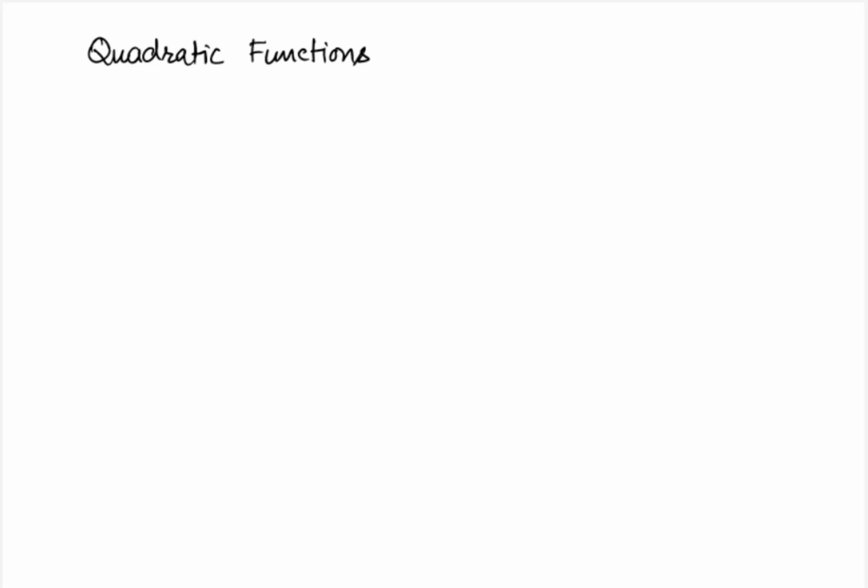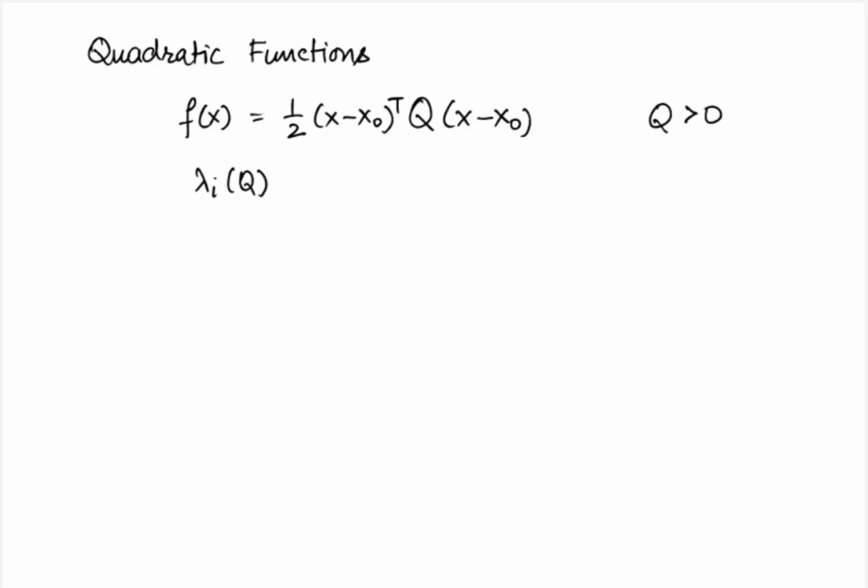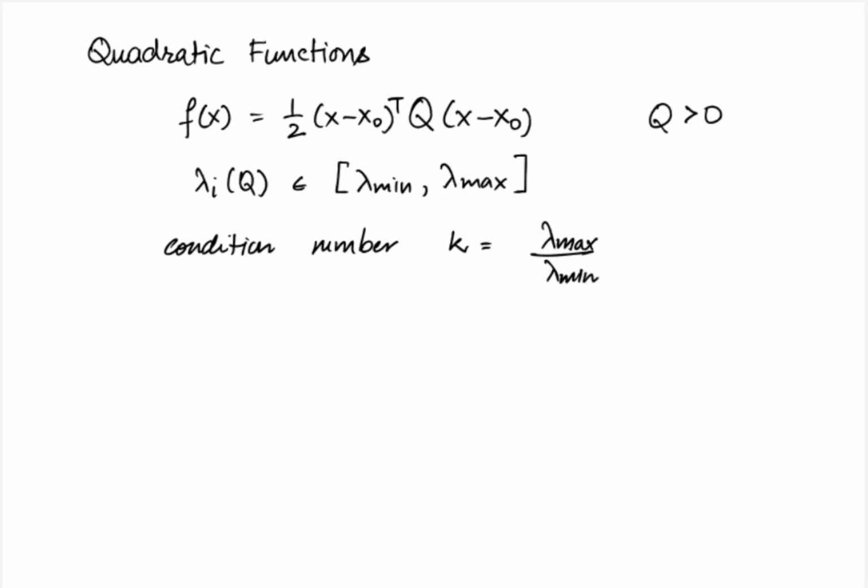Let us consider the general quadratic form given by half of (x minus x naught) transpose Q times (x minus x naught), where Q is a positive definite matrix and the eigenvalues of Q are in the range of lambda min and lambda max. Recall that for a matrix, the condition number is defined as kappa equal to lambda max by lambda min. We are mostly interested in cases where this condition number is much larger than 1.